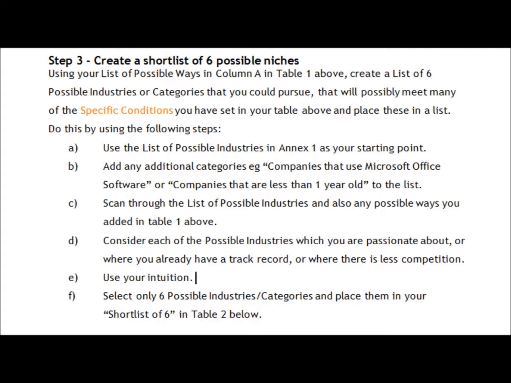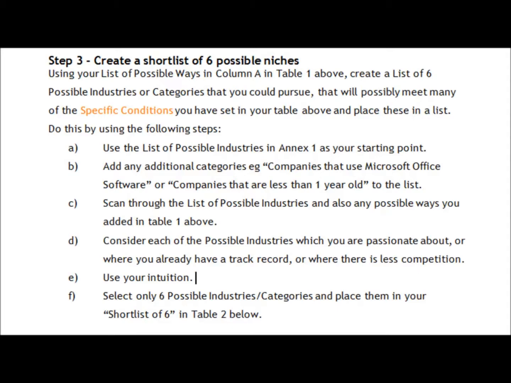So using a combination of your intuition and logic, based on now being aware of what your value proposition is, what you're passionate about, what your track record already is, that's in this company or previous companies you've worked with, where you already have some relationships in particular segments. I want you at this point to bring it down to a list of 6.